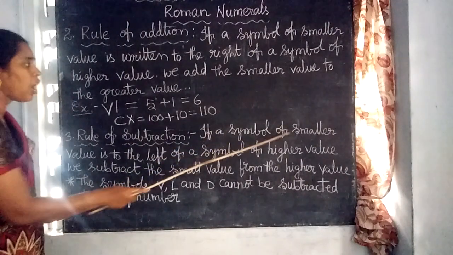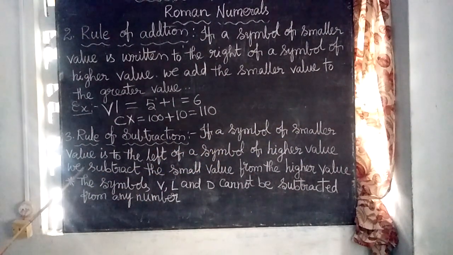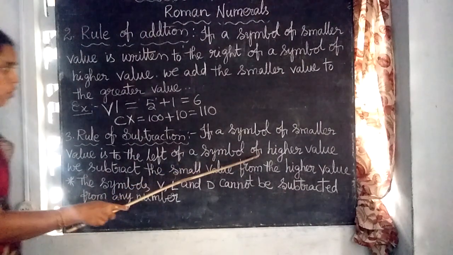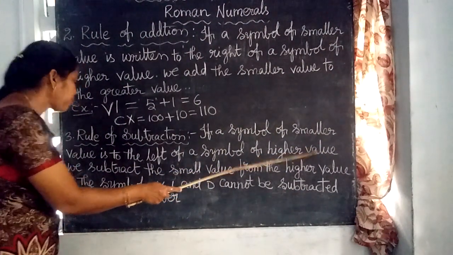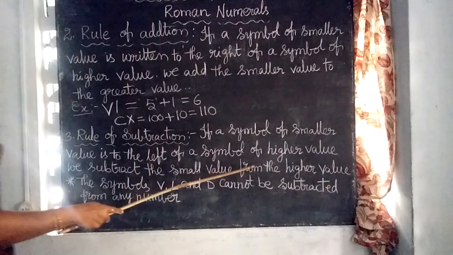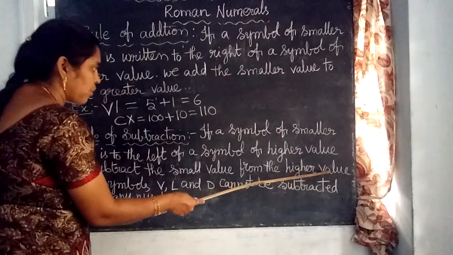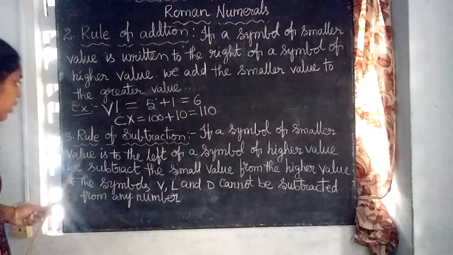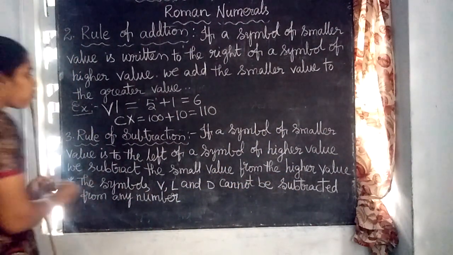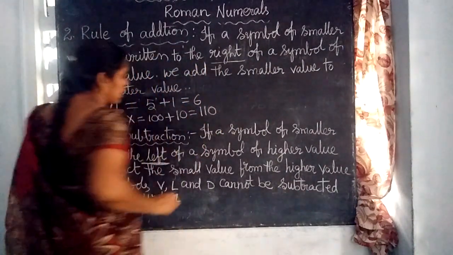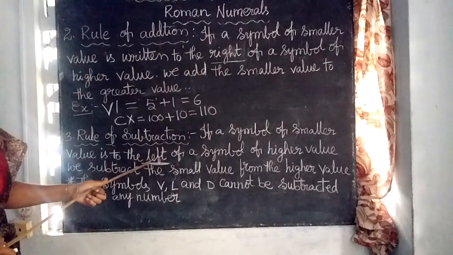If a symbol of smaller value is to the left of a symbol of higher value, we subtract the smaller value from the higher value. Here the symbol of smaller value is to the left of the higher value. Right means you do addition, left means you do subtraction.